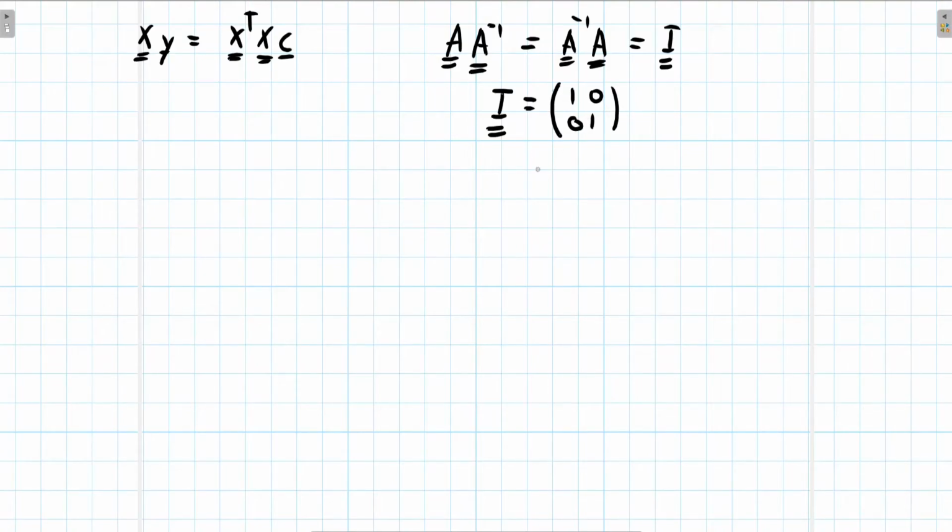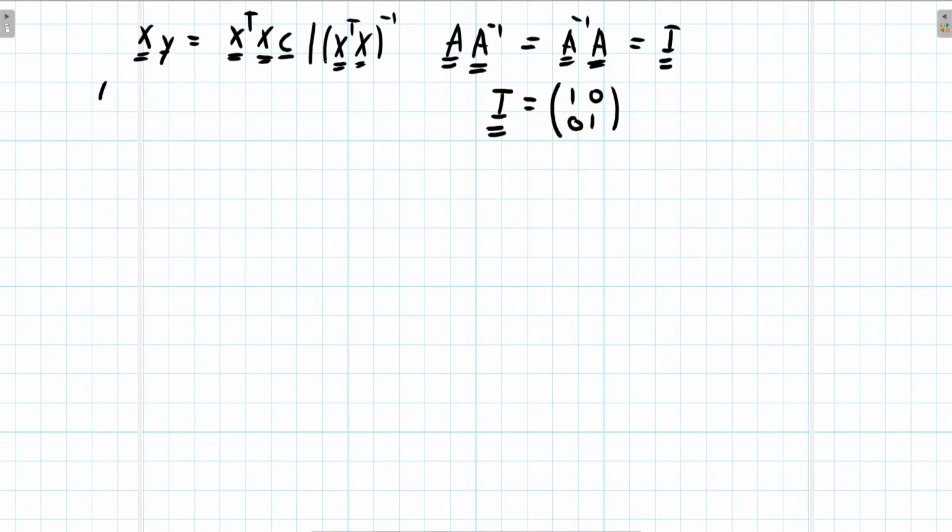So very simple. What we have to do in order to solve this equation is multiply both sides by the inverse of x transpose x. That's going to be a 2 by 2 matrix.